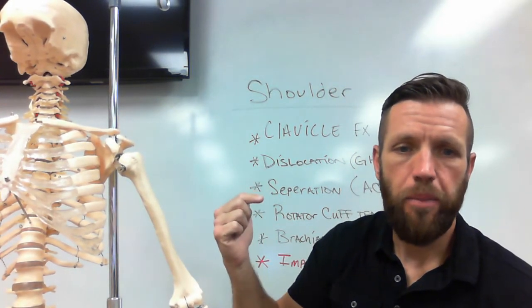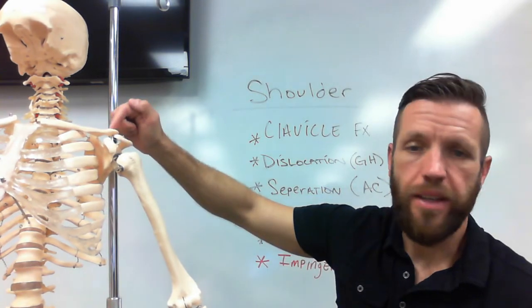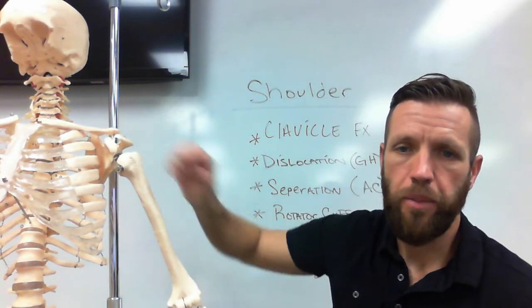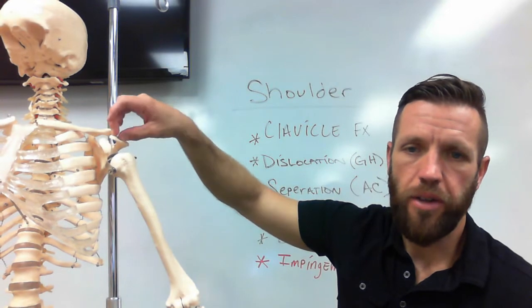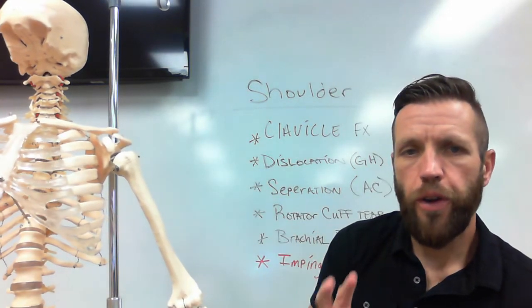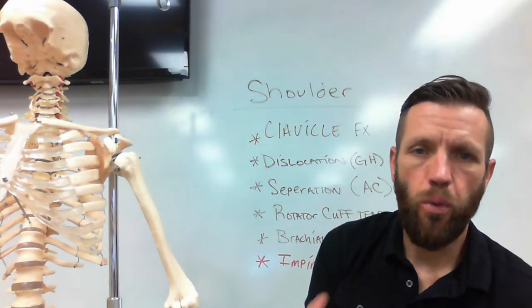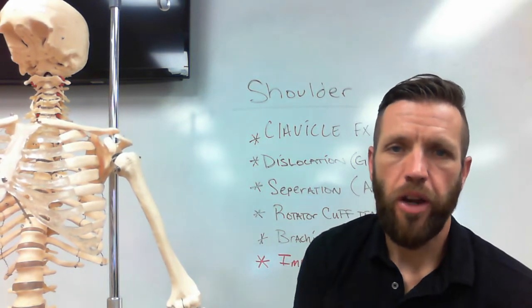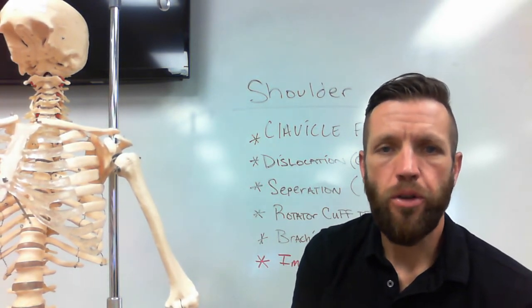And then a separation happens at the AC joint, the acromioclavicular joint up here on top between the clavicle and the acromion. So those are two very definitive terms. And if you use one term to a healthcare professional, then you need to mean what you say.